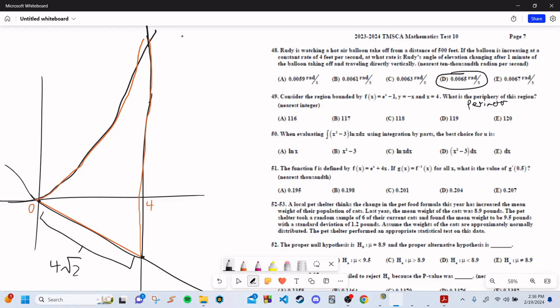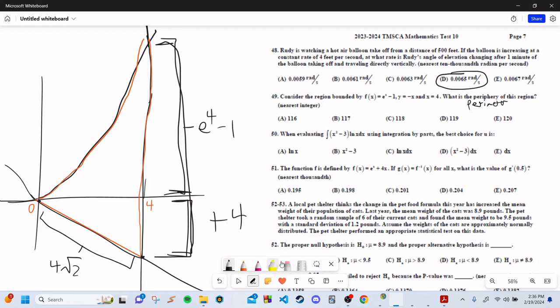Then for this long length, that's just going to be this y value of f of x, so that'd be e to the 4 minus 1. Then we're going to add this part right here, going 4 under, so we add 4.